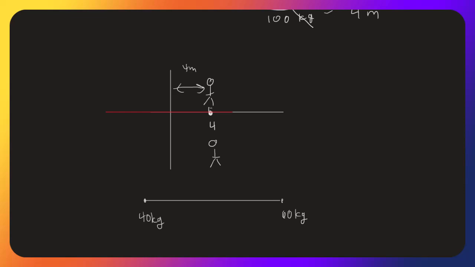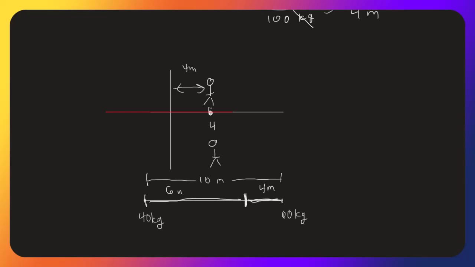And wherever they are, if they've changed places, they are still going to be 10 meters apart because the pole is 10 meters. And then by the same reasoning that I used at the beginning, we know the center of mass has to be 4 meters away from the 60-kilogram person. So this has to be 4 meters.